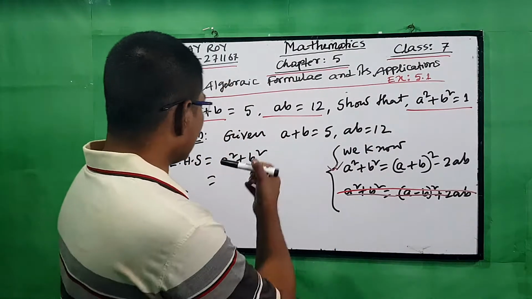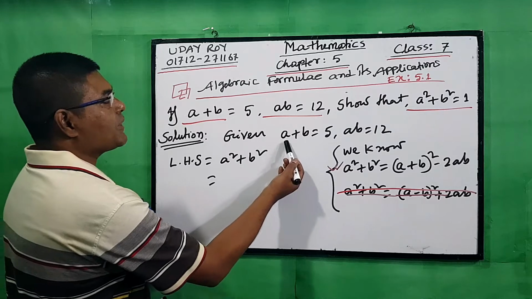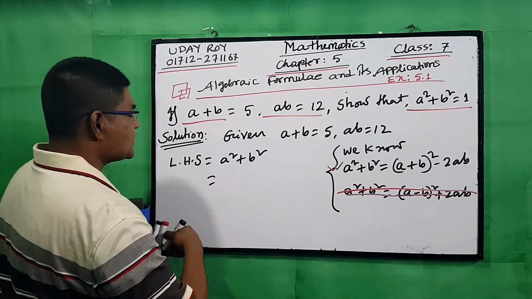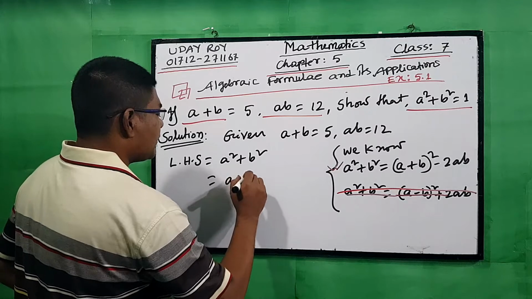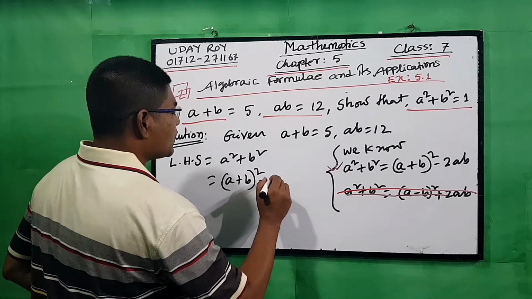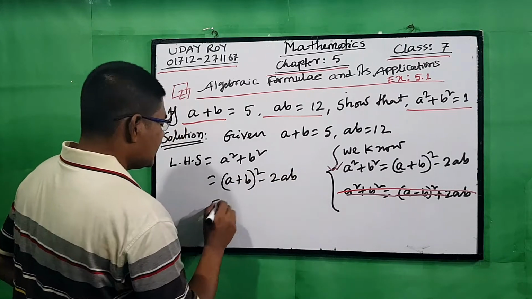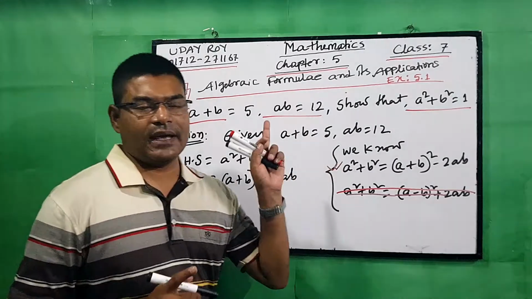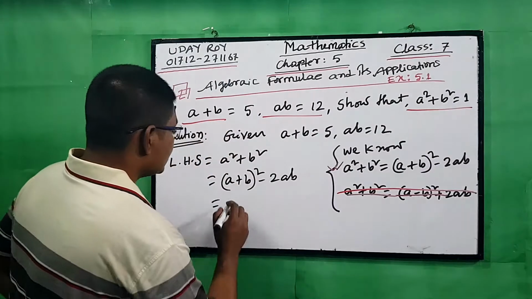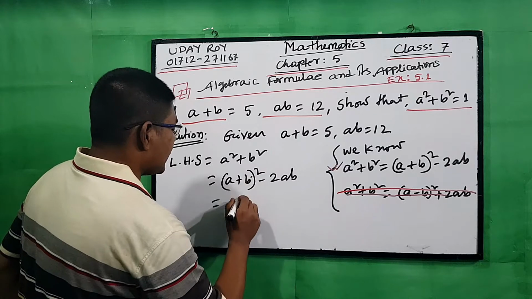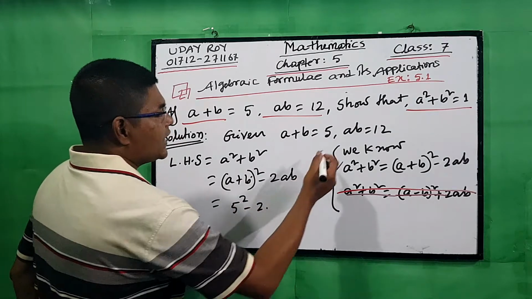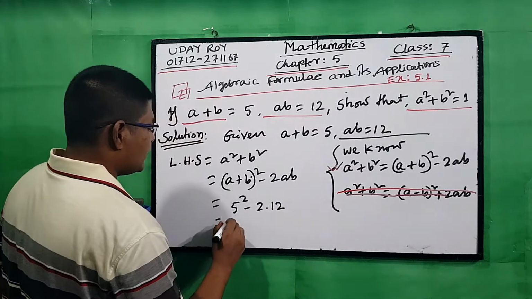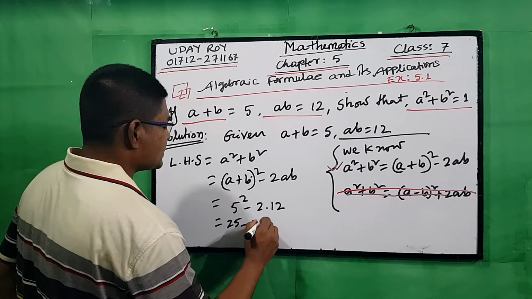So on the board, given a plus b equals 5, ab equals 12. So a square plus b square equals a plus b whole square minus twice ab. Now putting the values of a plus b equals 5, we get 5 squared minus 2 into ab, and ab equals 12. So 5 fives are 25 minus 24.